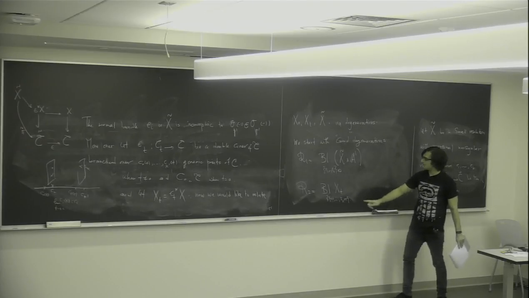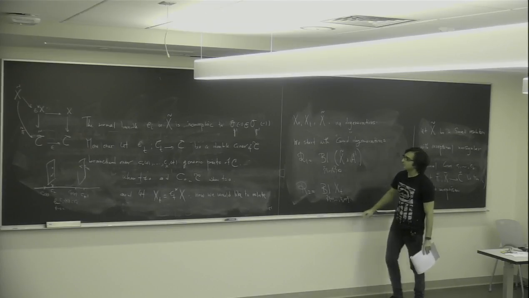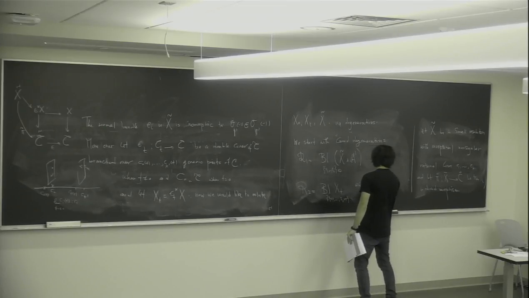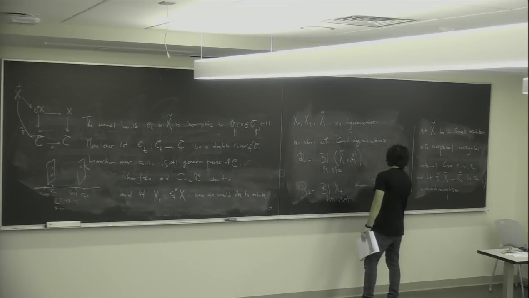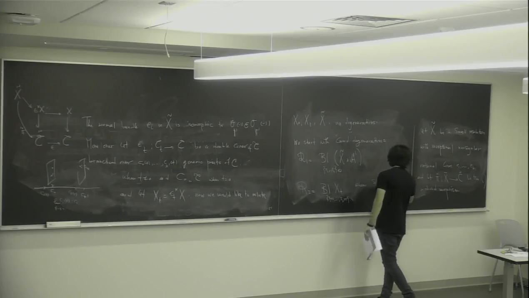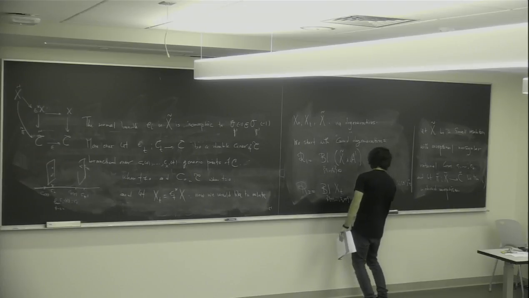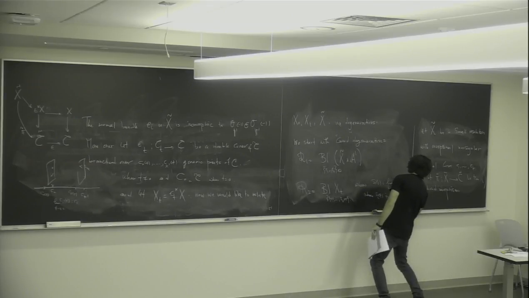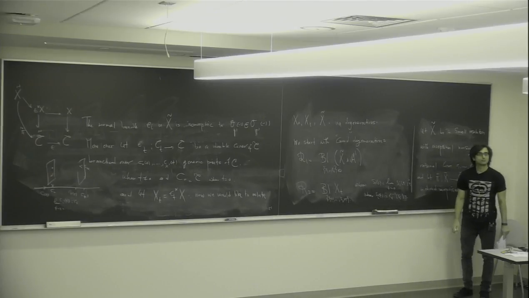Let me say where: S_i(0) is the limit when t goes to 0 of S_i(t), where S_i(t) is the preimage. S_i(t) is by definition just the preimage epsilon_t inverse of S_i on the original variety.